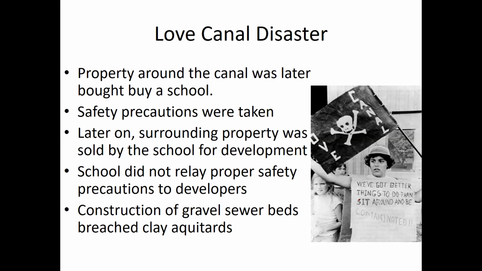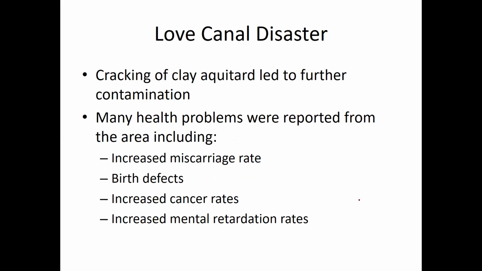And because the aquitards were not maintained, they dried out and cracked and resulted in further contamination. Many health problems were reported in the area, including increased miscarriage rates, birth defects, an increase in cancer rates, an increase in mental retardation, and other developmental disabilities. This is all due to the poisoning of the groundwater.